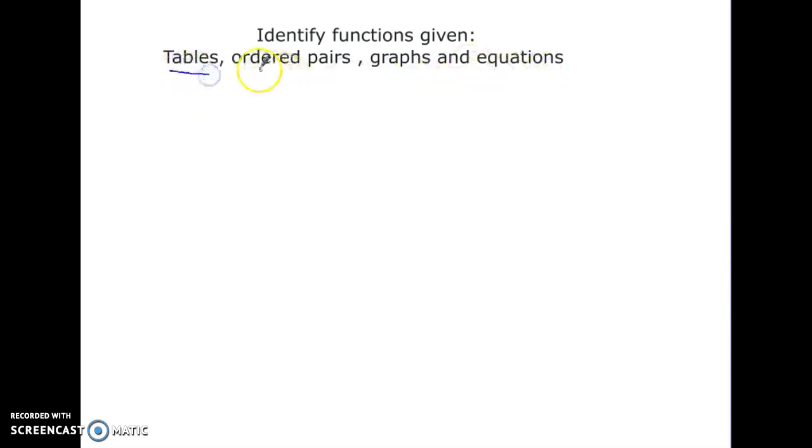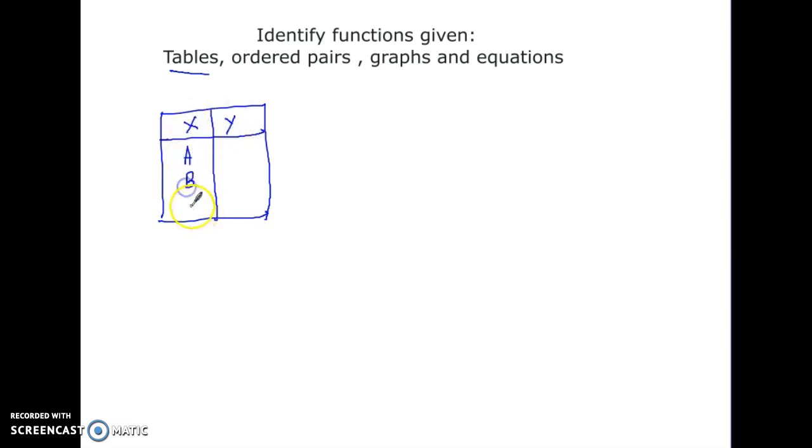Now tables, it's very similar to the examples that I showed you. We would be given a table of x and y like this, with x values in one column and y values in the other. Just to keep it simple, I'm going to use the same example as on the last screen. As long as every x has only one y, this table is a function.